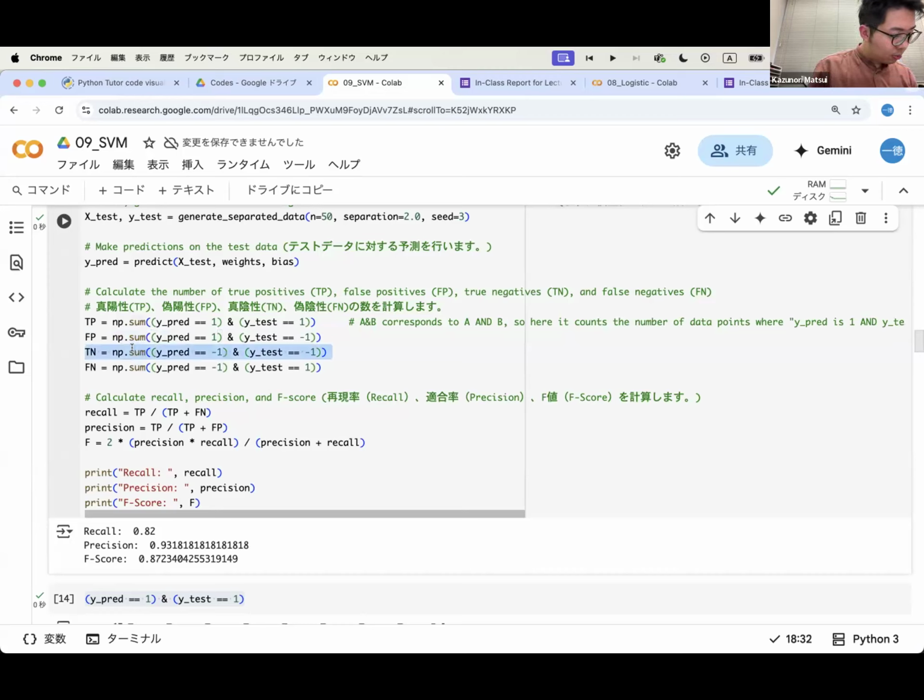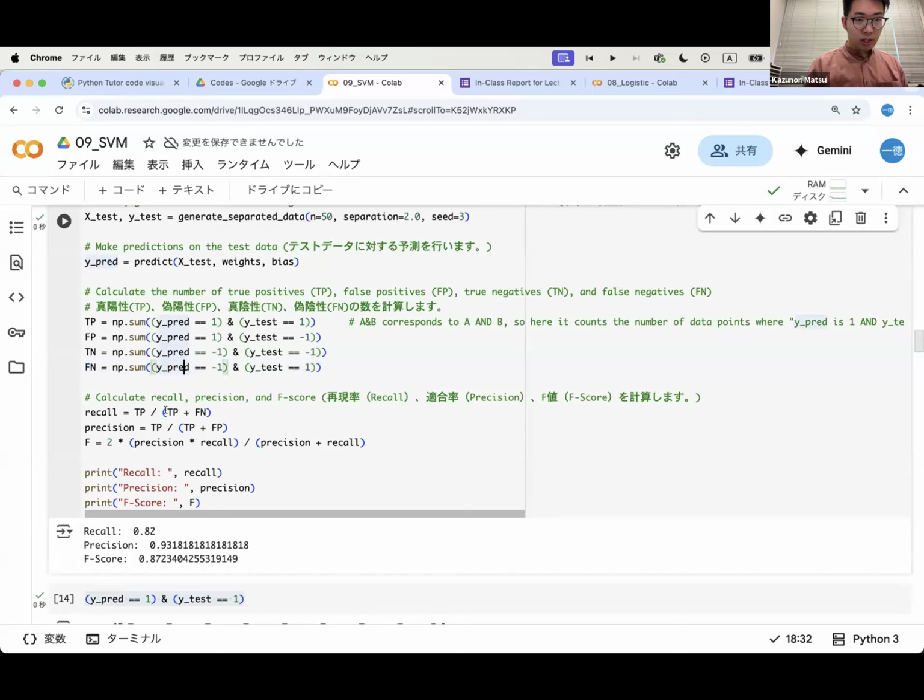When the predicted value was negative, minus 1, and it actually was minus 1, this is the number of true negatives. And this is when the prediction was minus 1, that is predicted as negative, but it was not. So we can calculate the number of false negatives.